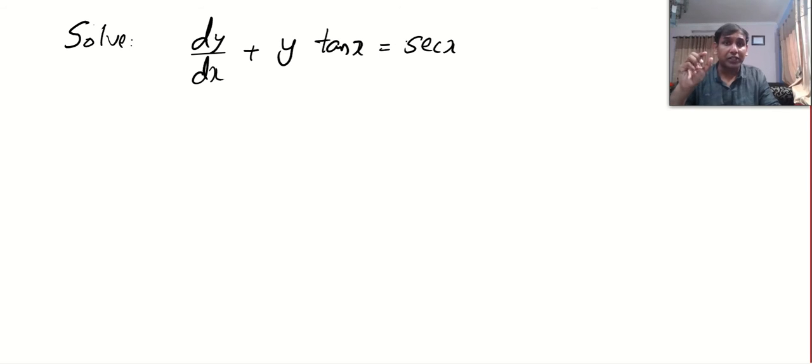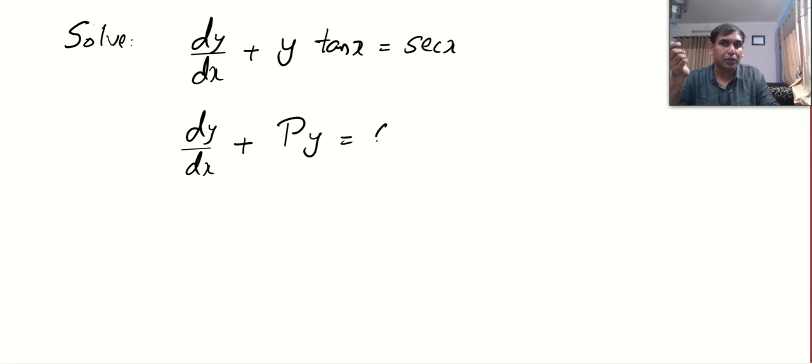This equation is in the standard form, that is dy/dx + p·y = q. And like I told you before, you can see that we have dy/dx, and that implies our p and q are functions of which letter? x.